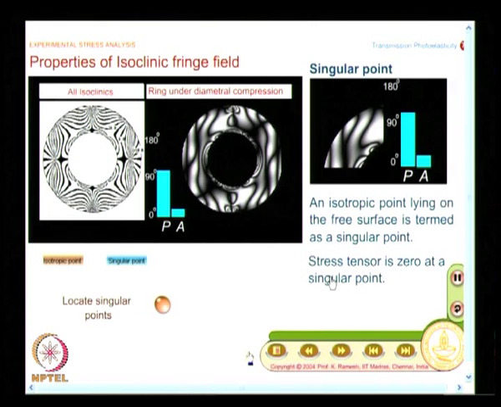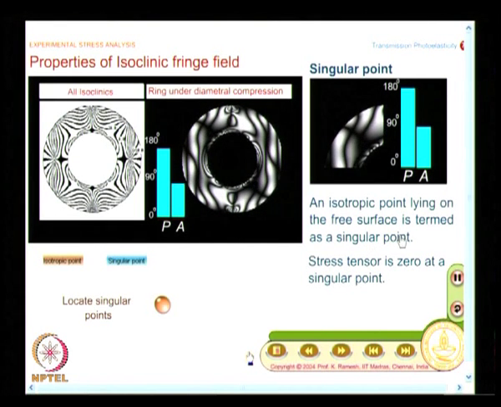When fringe order is 0, it only implies sigma 1 equal to sigma 2. The students will have a confusion when I say 0th fringe order, everything is 0. This is one wrong conclusion you can think of. It only implies sigma 1 equal to sigma 2. Suppose I have a zeroth fringe order on a free boundary, the stress tensor is also 0, and that is indicated by a singular point.